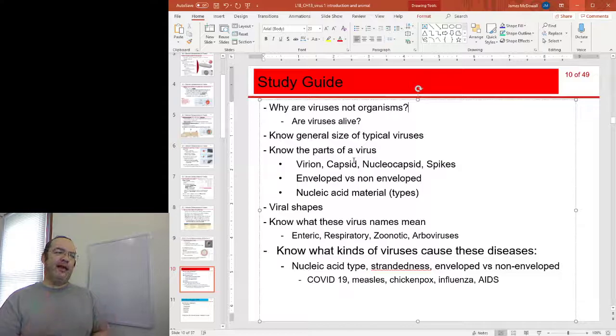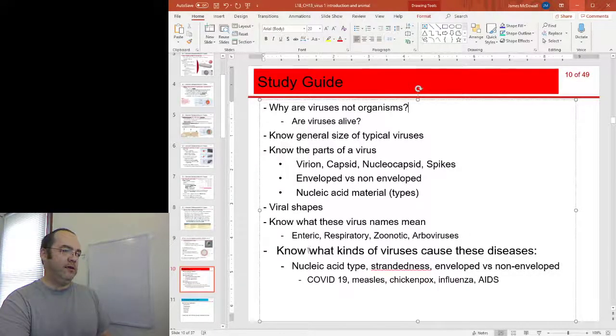Know the different kinds of nucleic acid material you might find in your virus, whether it's DNA, whether it's single-stranded or double-stranded, whether it's RNA, whether it is the plus strand or the minus strand, the positive sense strand or the negative sense strand. You recognize those simple viral shapes. Know what the terms enteric, respiratory, zoonotic, and arbovirus mean, as well as retroviruses.